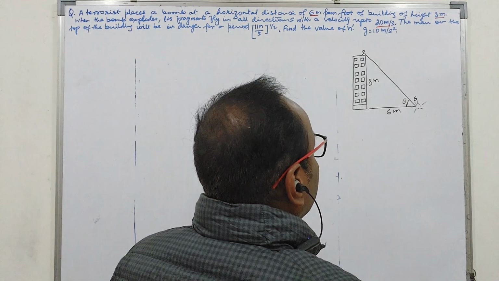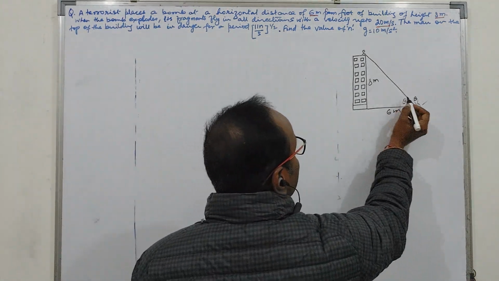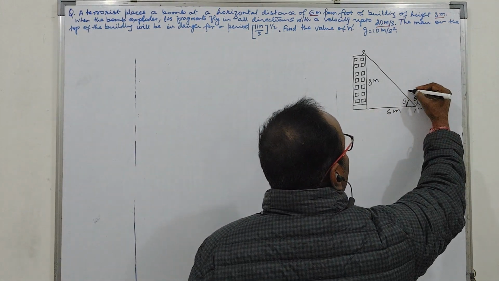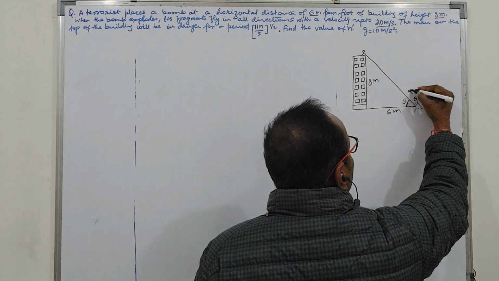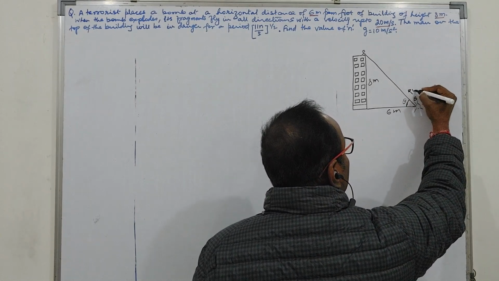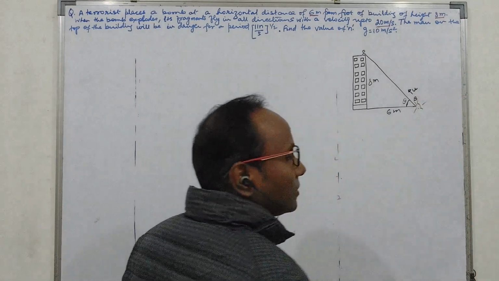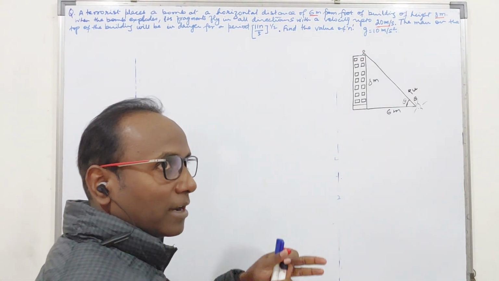So let us say a particle moving in this direction has a velocity of u, the fragment.